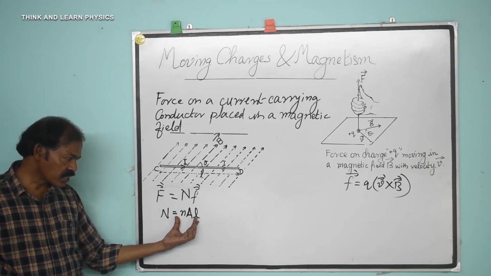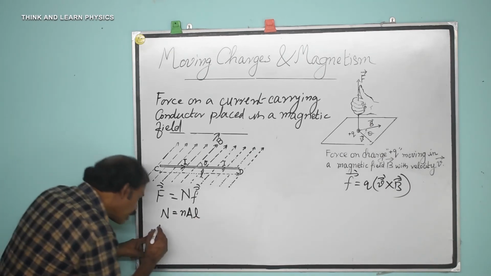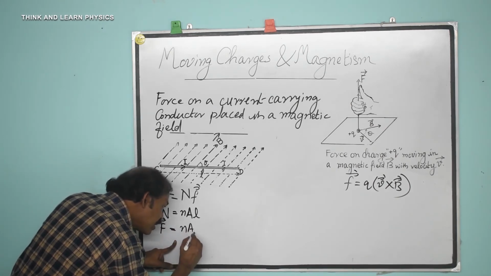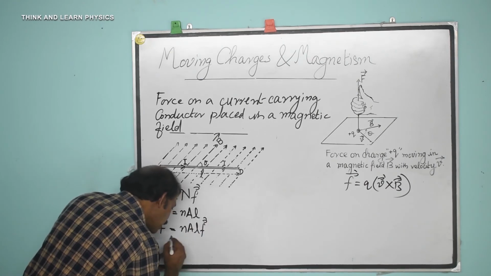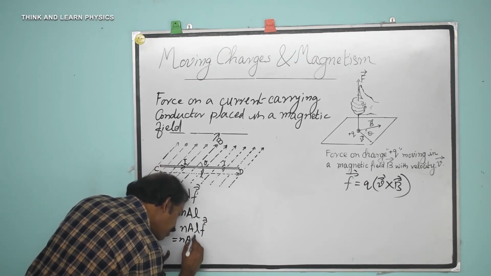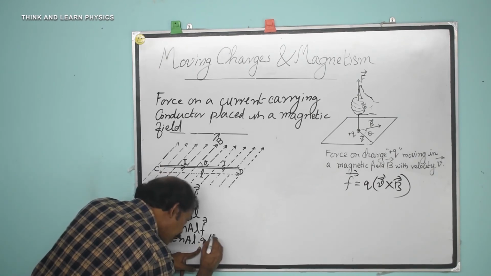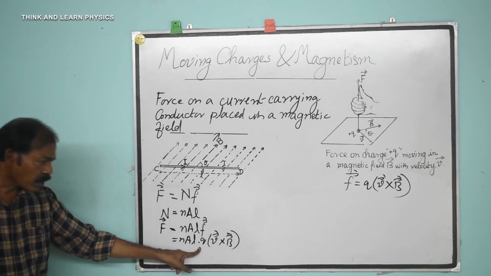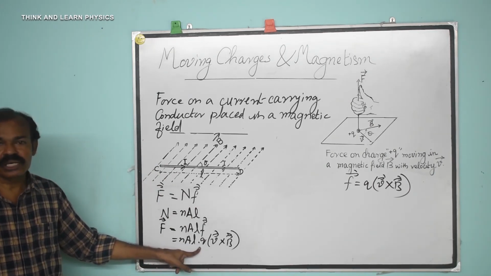Therefore, the total force acting on the conductor is given by capital F vector equals small n into A into L into small f vector. That means this is equal to n A L into small q into v vector cross B vector. This is the total force acting on the conductor.